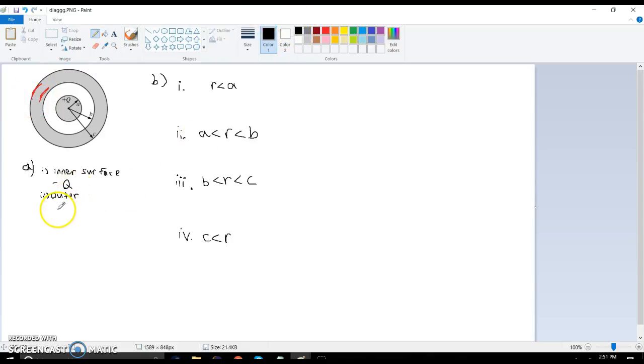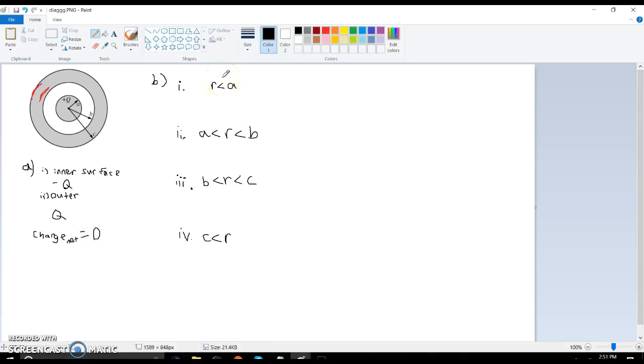So that has to be Q, because Q plus negative Q is equal to 0.